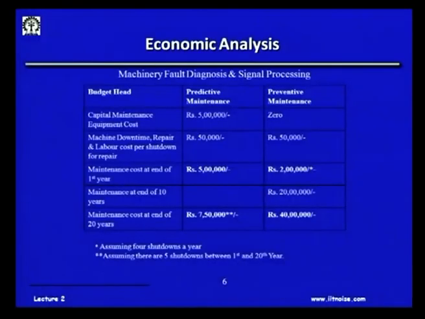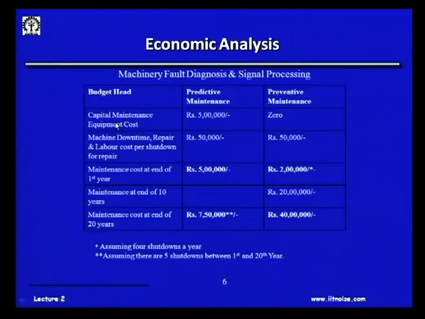Now I always give this example to all my classes on the economic analysis, where I am doing a comparison of predictive maintenance and preventive maintenance. The question is which one is good and which one is not good in the long run. These are a few budget heads.